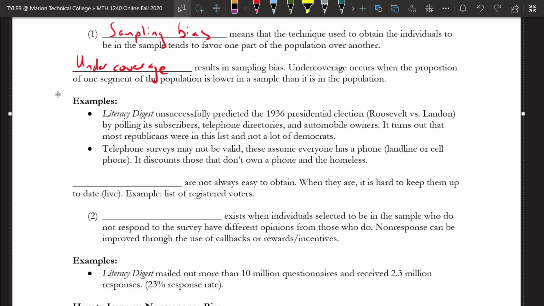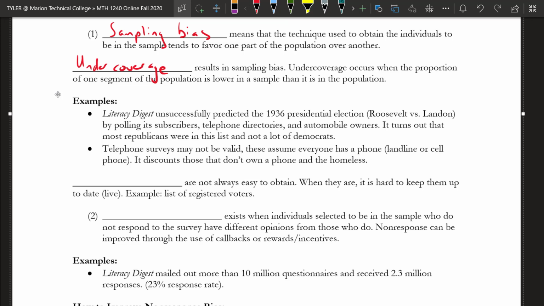It turns out there was sampling bias there, because during that time period, people who were subscribers to the Literary Digest and also owned a telephone and an automobile were typically Republican, so they tended to vote for Landon, the Republican candidate.